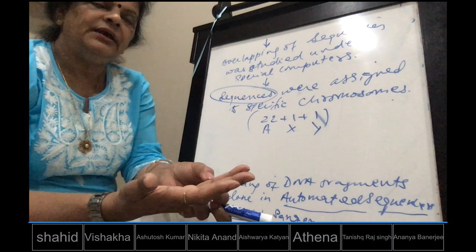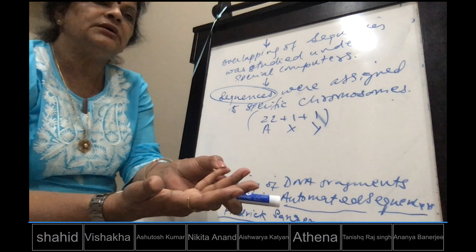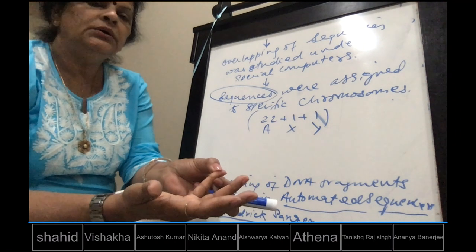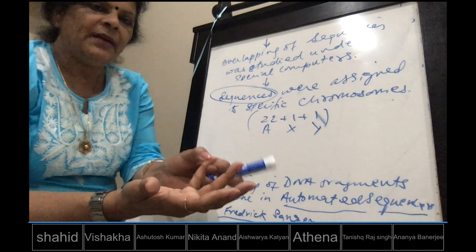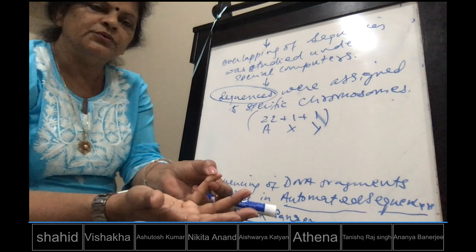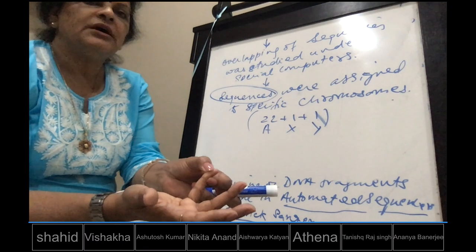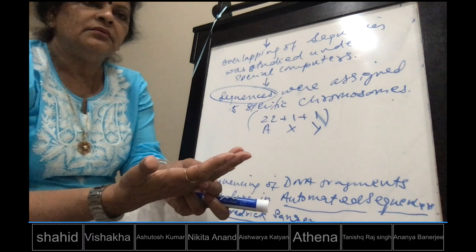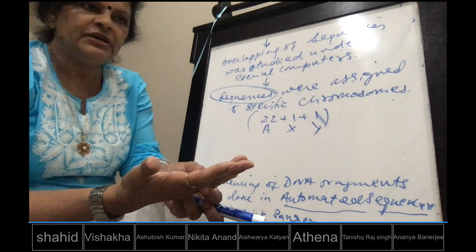After cutting the DNA into fragments, the DNA fragments are cloned on vectors like BAC and YAC. That is, BAC is bacterial artificial chromosome, YAC is yeast artificial chromosome. Then this is basically for amplification.